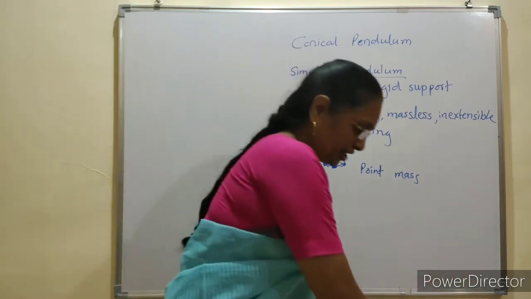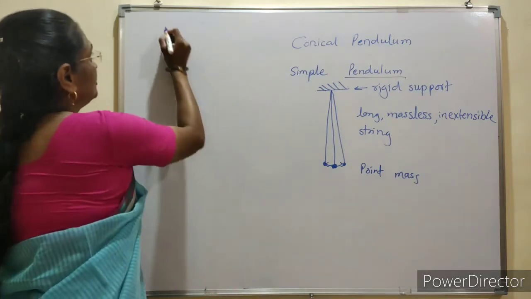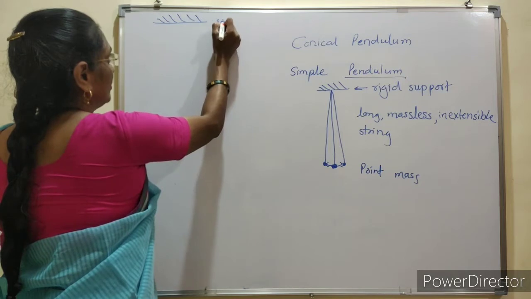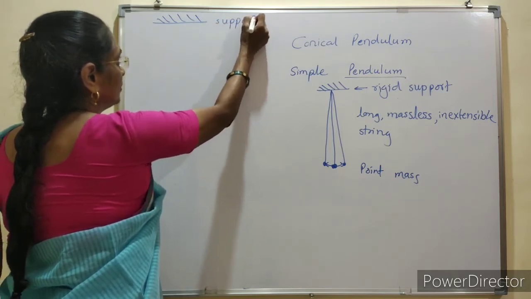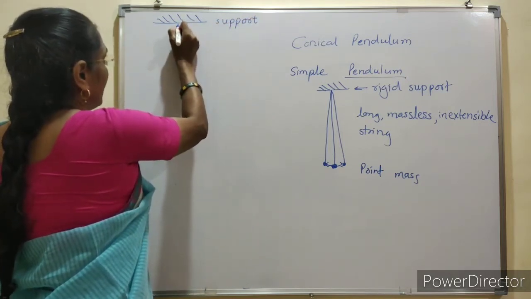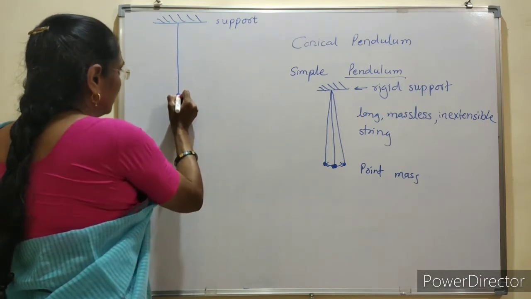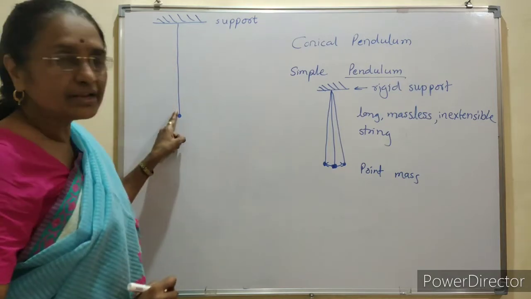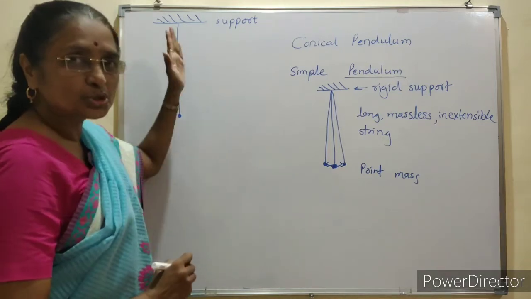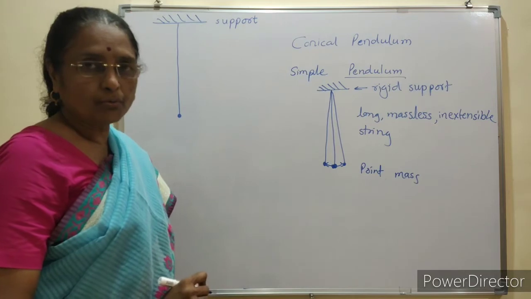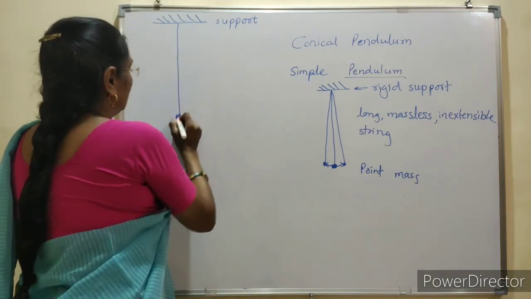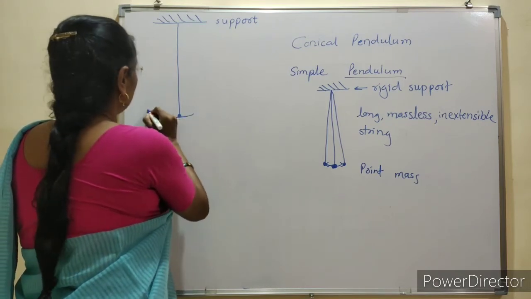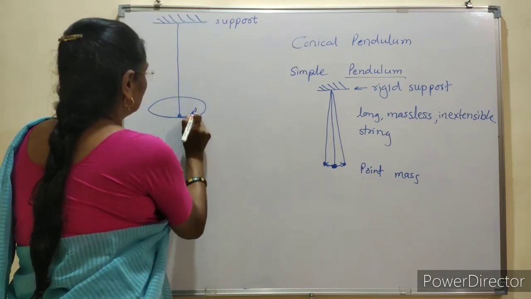So I can draw it in the diagram in this way. Suppose this is a rigid support, and this is a point mass. This is the string. This original position of the string acts as a vertical axis, and the mass is revolved in a horizontal circle in this way.